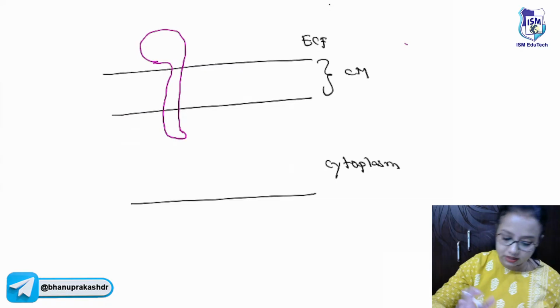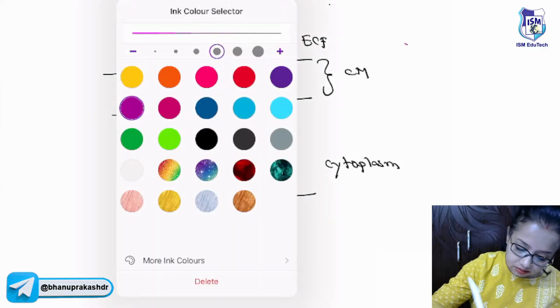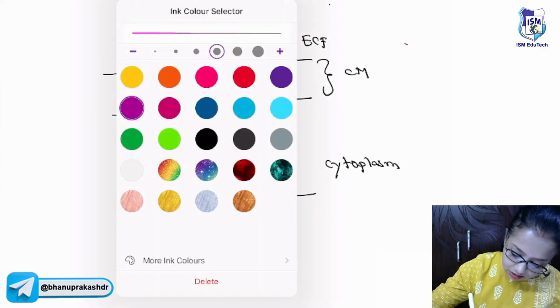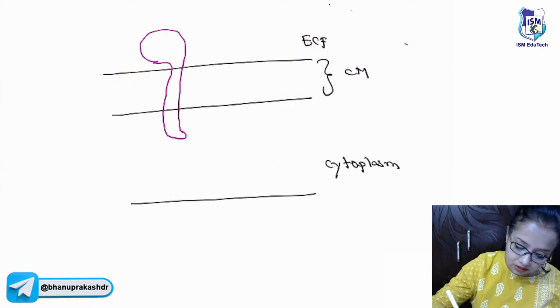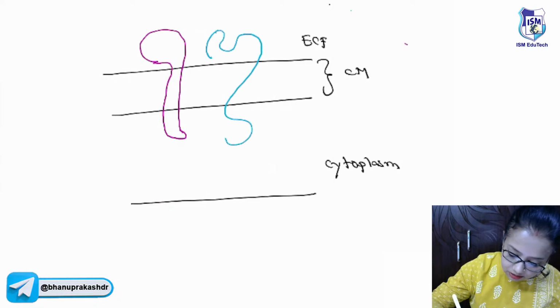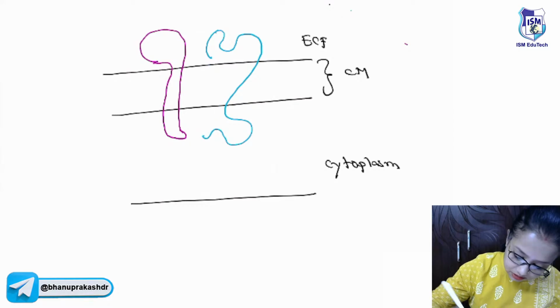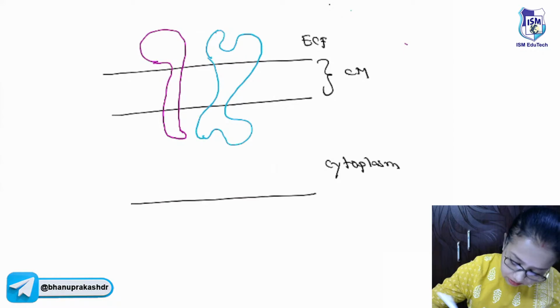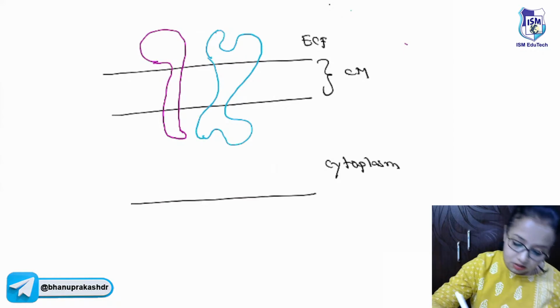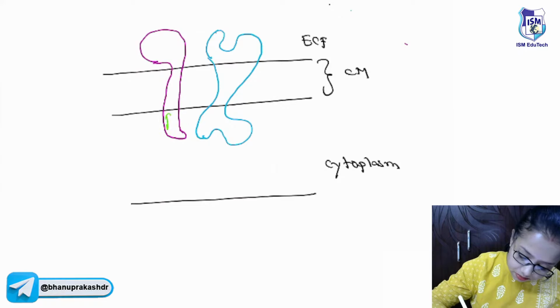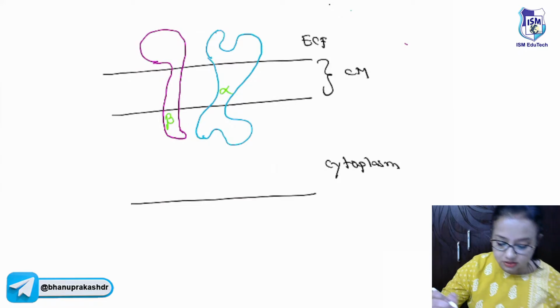Of course, it's a hypothetical diagram, but this is easy for us to understand its functioning. Okay, this is the beta one. The alpha one is postulated to be something like this, a little bit more gap, something like this. This is the beta subunit and this is the alpha subunit.